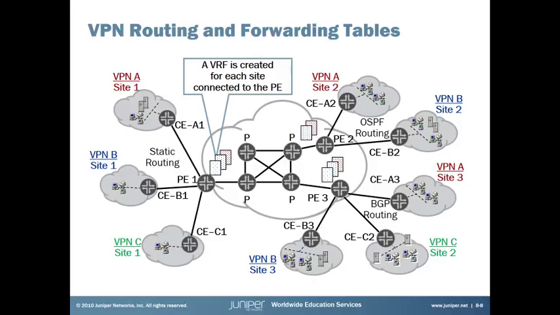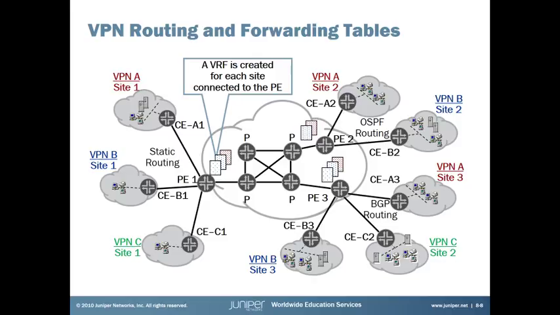And that's not all. The VRFs over here on PE2 and PE3 that attach to sites 2 and 3 have got to have the same information about the other two sites as well. PE2 has got to have information about site 2, but also site 3 and site 1, and the same goes for PE3.